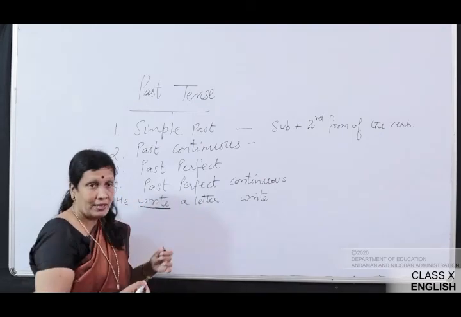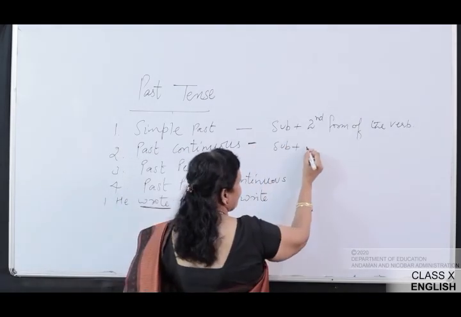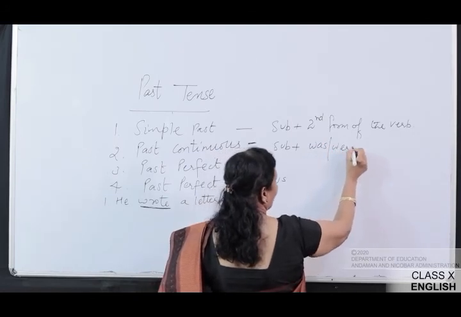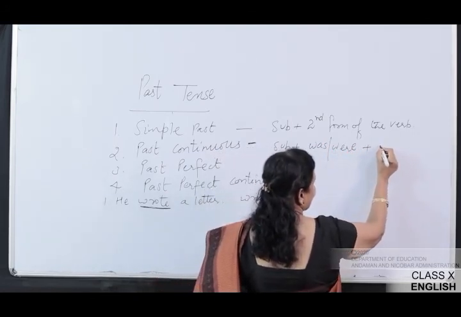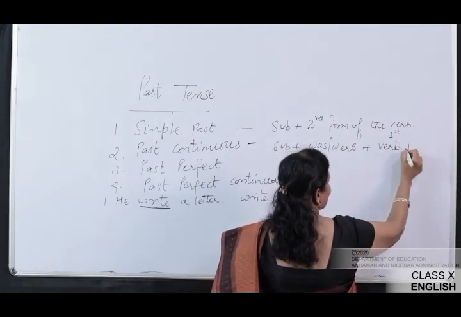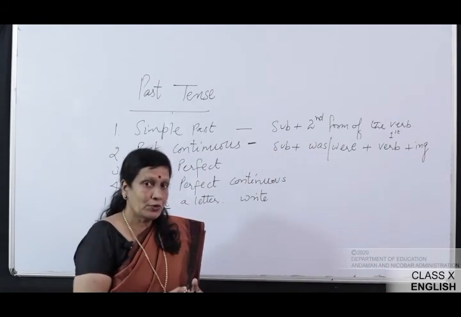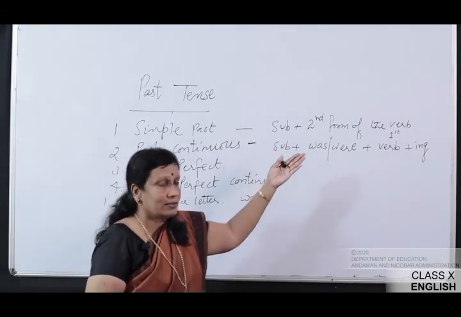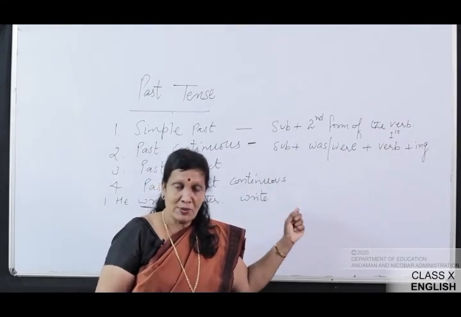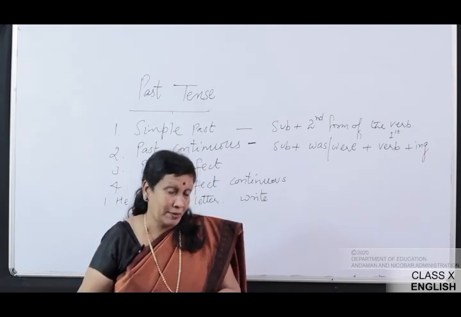He wrote a letter. Now past continuous: subject plus was or were plus verb plus ing. I had told you, whenever you look at the ing form, it means it is the continuous tense, the action which is continuing.